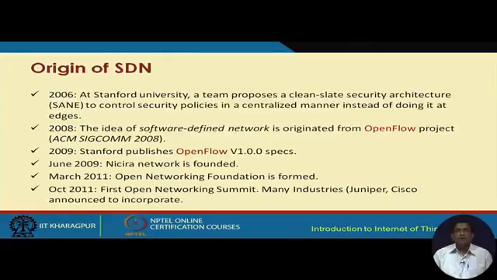In 2009, Stanford published the OpenFlow version 1 specifications, and in June 2009 the Nicira Networks company was founded. In March 2011 the Open Networking Foundation was formed, and in October 2011 the first Open Networking Summit was held, and many industry players, for example router companies like Juniper, Cisco, etc., announced that they want to incorporate SDN into their switches.